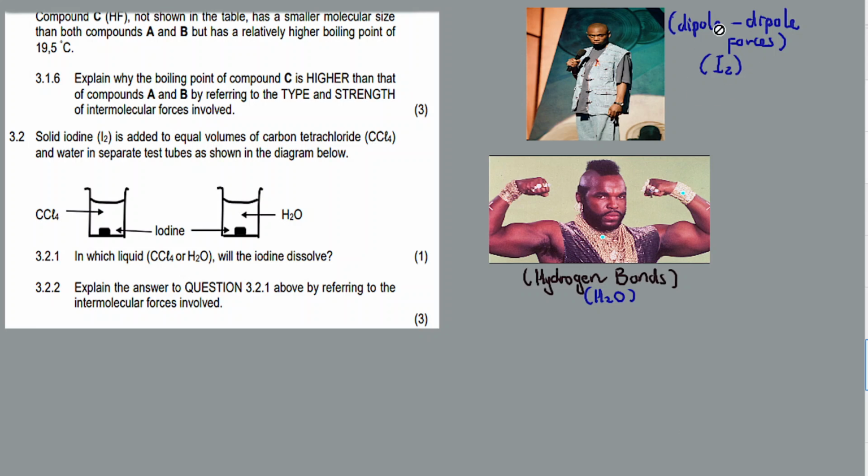Since iodine's forces are weak, its strength is less compared to Mr. T. So if you take them and put them inside a ring to wrestle, it's obvious Mr. T will win because his strength is much higher than Dave Chappelle's.